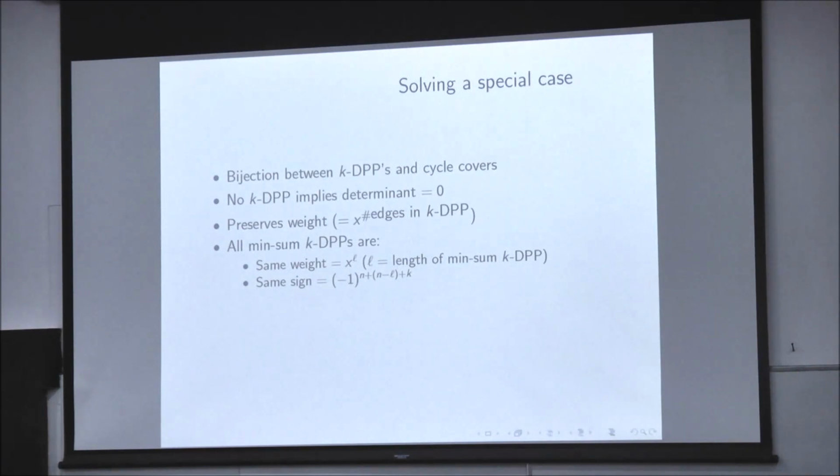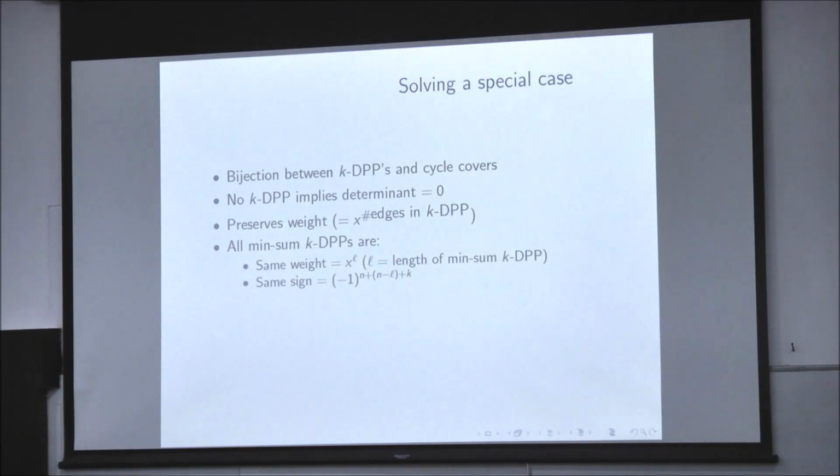Remember, the sign was -1 to the power n plus c pi, where c pi is the number of cycles in the permutation. So what is the number of cycles here? In a minimum sum KDPP, there are k non-trivial cycles here, and n minus L self-loops. So the sign is known.